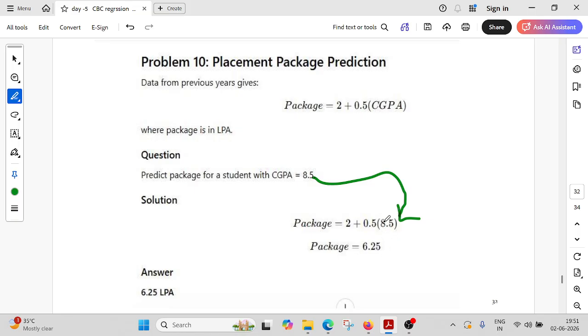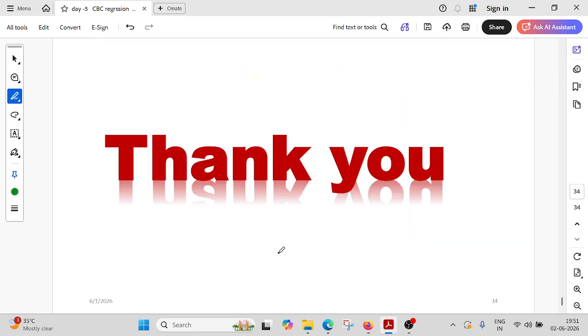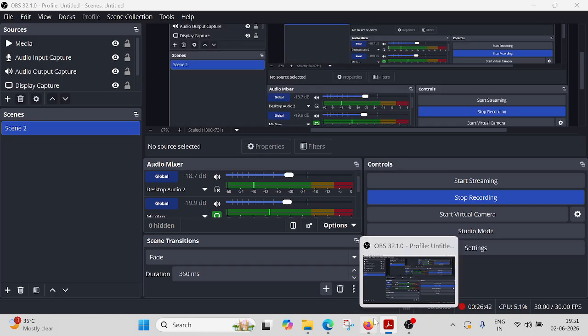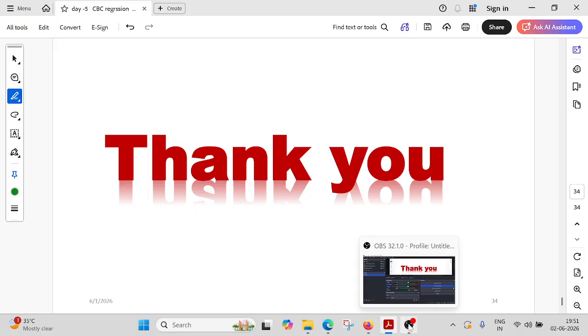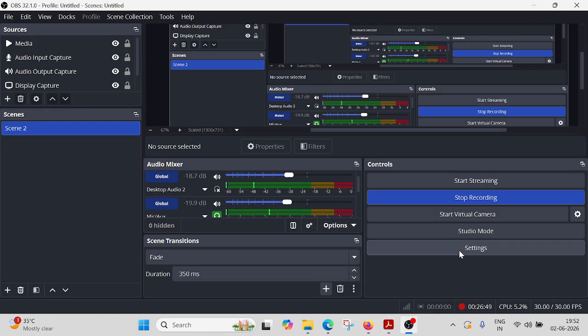If you get 7, the package will be very low. So always focus on CGPA to get a very good package. With that, I'm going to complete today's class.